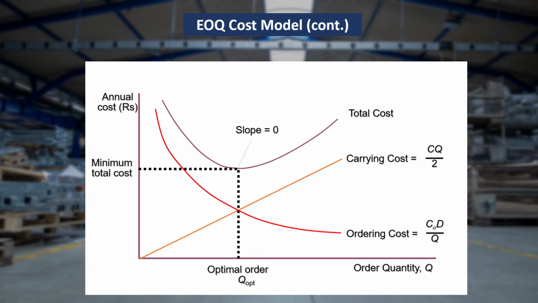In the graph, the violet line shows the trend in total cost when you increase or decrease the order quantity. The bottom point of the total cost curve represents the minimum total cost, and the vertical line on the x-axis represents the Q optimum, also known as the economic order quantity.